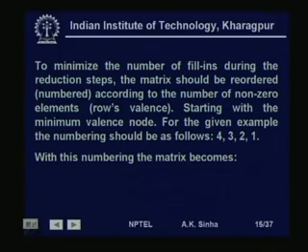The rows with minimum valence are ordered as row number 1, and so on we go till we reach the last row which will have the largest number of non-zero elements. So, if we start with the minimum valence node, for the given example the numbering should be.